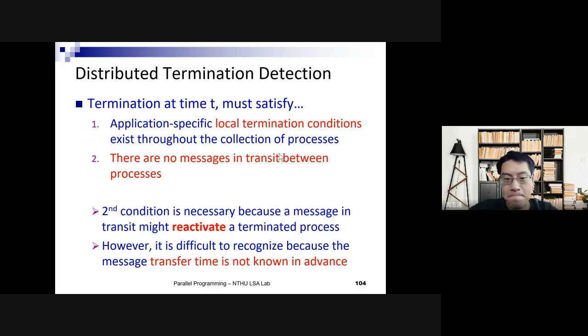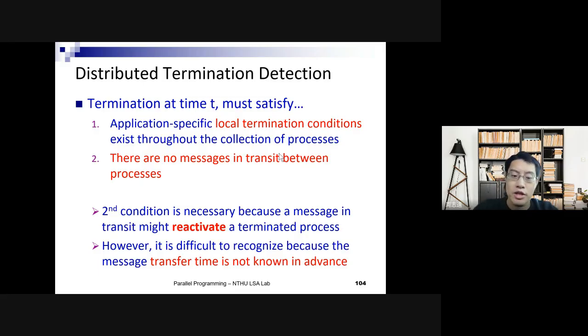However, sometimes we still need to wait, because if we need to terminate the whole program, we need to make sure any message in transit has been received. So you still have to wait until all the messages are received, then you can terminate.